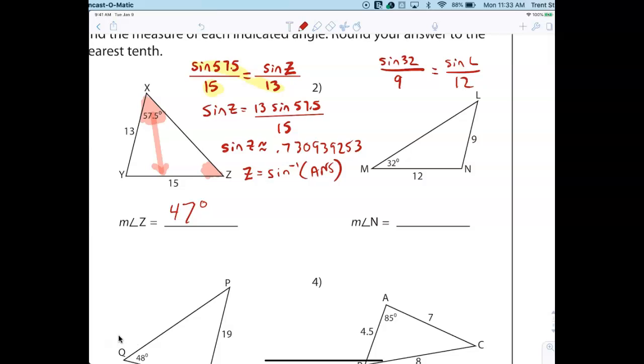So now let's cross multiply and divide here. I end up with sine of L is equal to 12 sine 32 divided by 9. Everybody happy with that?